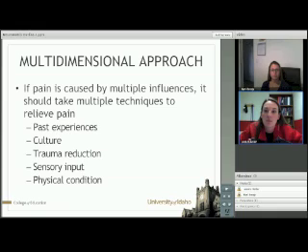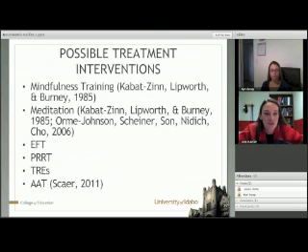All of those things work together. And so it's going to require multiple approaches, not just necessarily fixing the problem if there is one, but also looking at some of these other things as well. Some current interventions, or possible interventions, include mindfulness training.